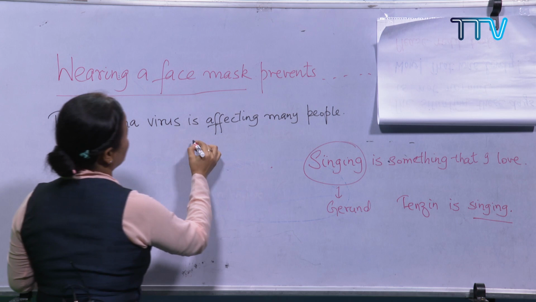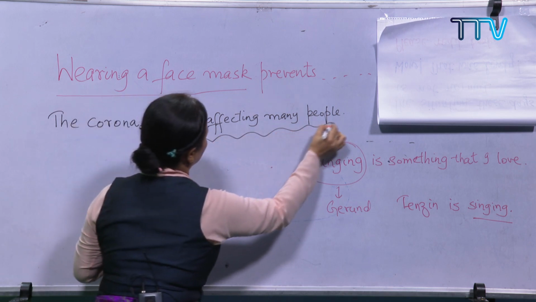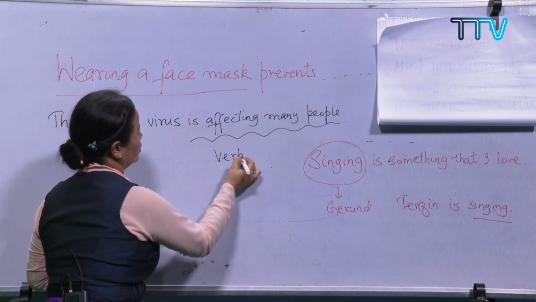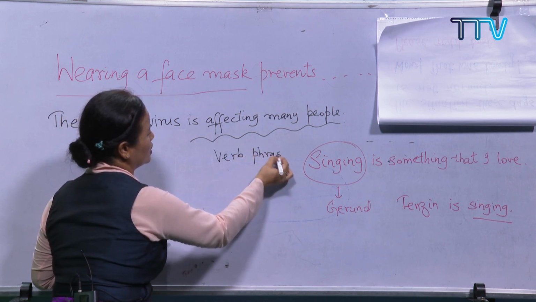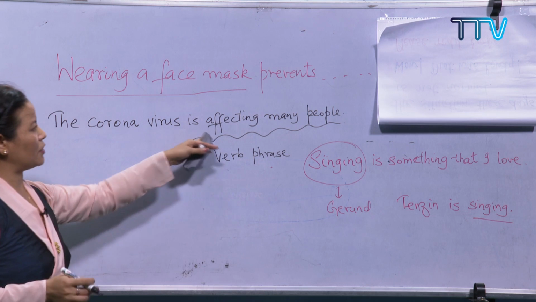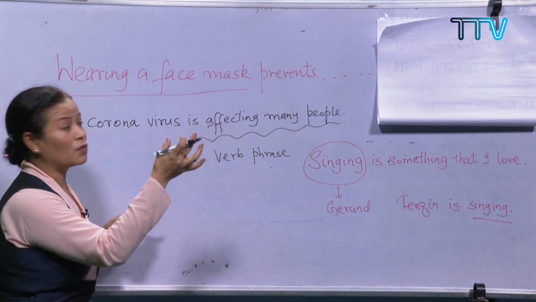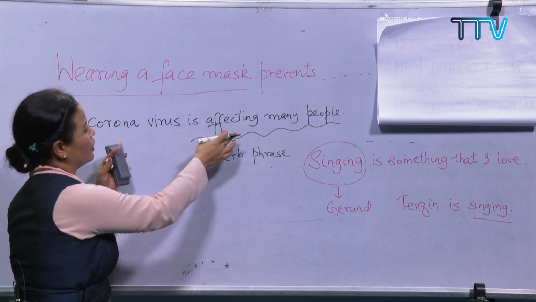Okay, now it's affecting many people. So this is the verb phrase. So actually the word itself suggests it, right? Verb phrase is affecting many people. Affecting, this is the verb here. So the coronavirus is affecting many people.